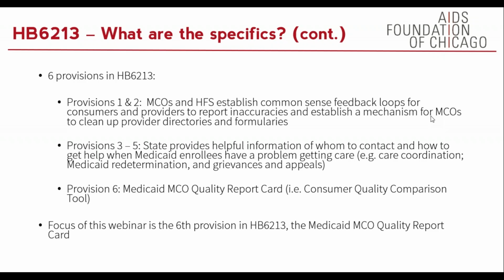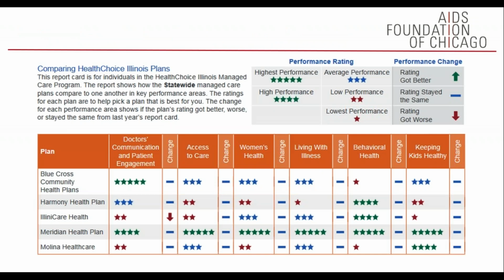Thanks, Kelsie. So as Kelsie just mentioned, the first 5 provisions of this law, we thought it would be important to just review them quickly to make sure that y'all know that they exist, first of all, and what they were meant to do. Again, all of these ideas were meant to help the consumer better understand, pick, and utilize their healthcare services when it comes to managed care.